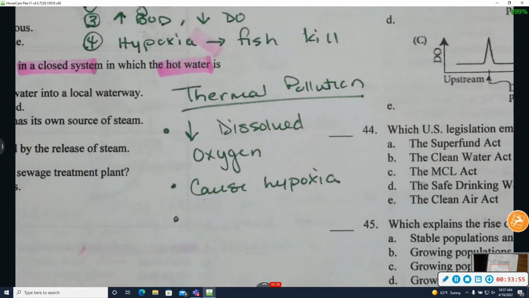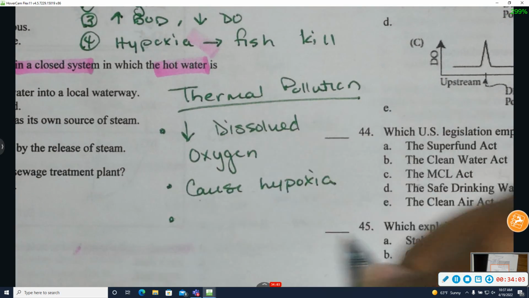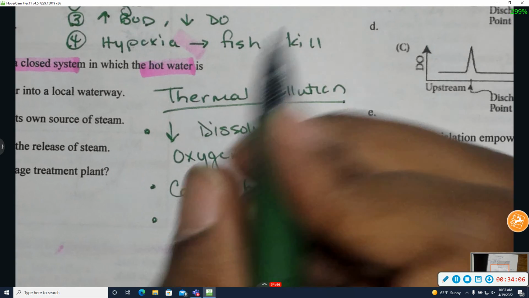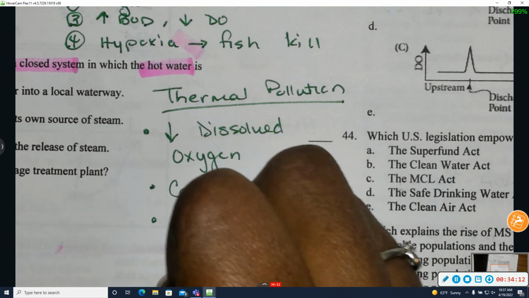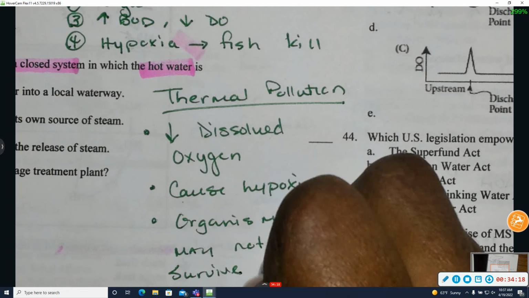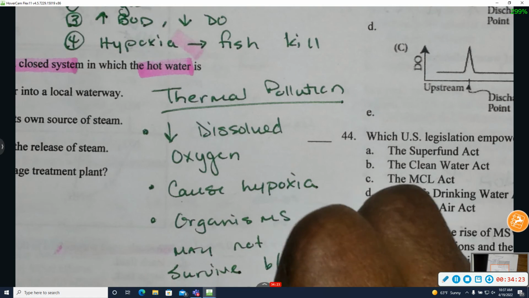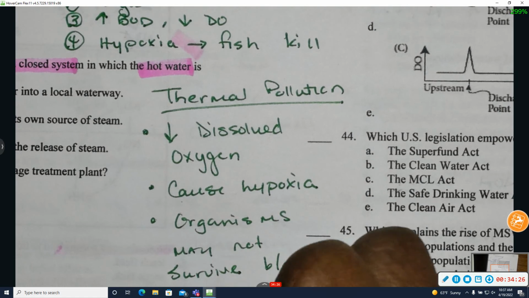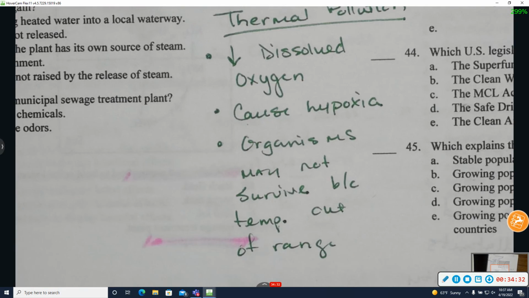And also, if organisms are not adapted to that temperature, you might cause death amongst them because it's out of their tolerance range. So the answer to this question is going to be A.